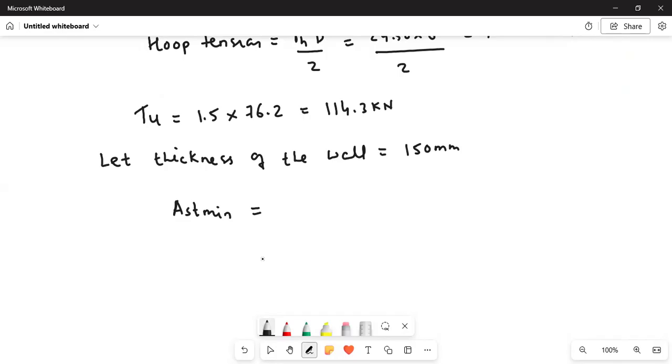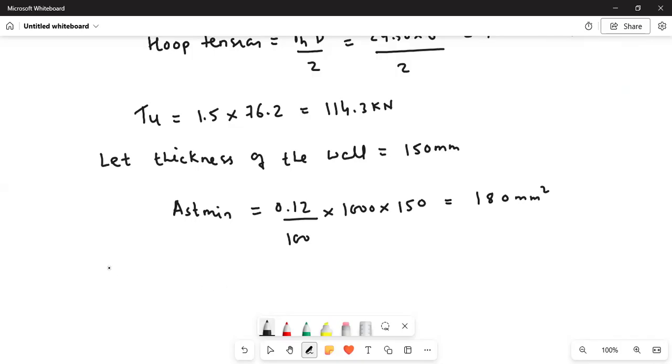So the minimum reinforcement of the slab is applicable to the minimum reinforcement of the silos. So IS code 456-2000 has given the provision for calculation of the minimum reinforcement in the slab, that is 0.12% of B into capital D for HYSD bar. B, what is B? B will be 1000, and D is the thickness of the wall, that is 150 mm, and this is coming as 180 mm square.